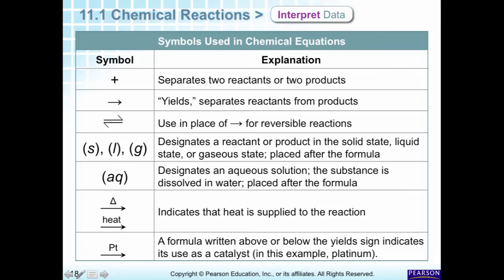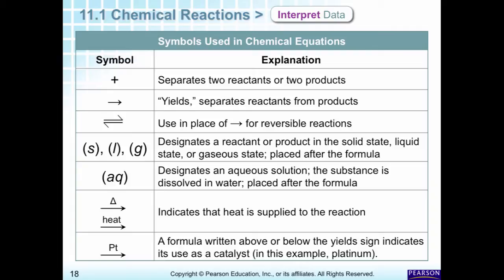I would take a screenshot of this page because these are the symbols you might see in chemical reactions. Plus separates either 2 reactants or 2 products, or sometimes 3 products. It separates the formulas in a chemical reaction.